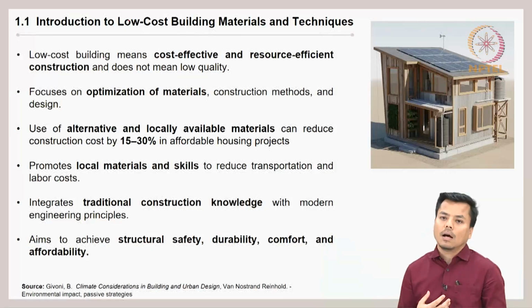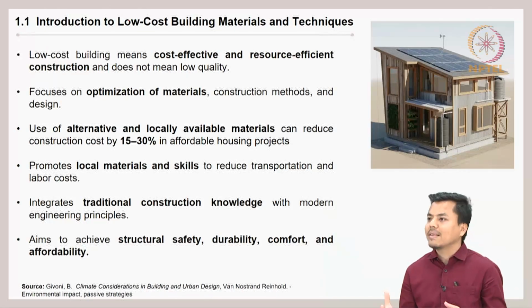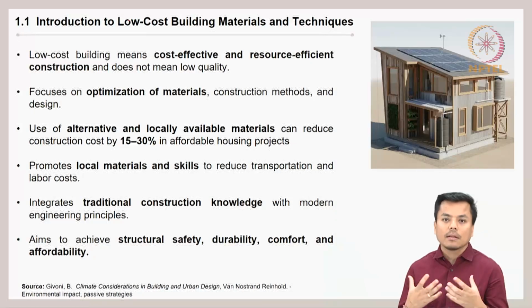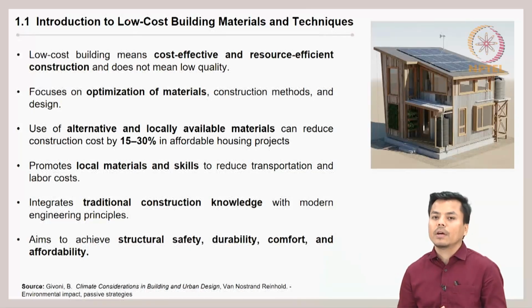Moving ahead, low cost construction also promotes the use of alternate and locally available materials. For example, if you are residing somewhere in Rajasthan, possibly stone will be very commonly available to you compared to bricks or steel and glass. In that case, stone will be a low cost material for you. But if you are residing somewhere in Bhopal or Varanasi or Patna, you may not get stone as easily as you get in Rajasthan.